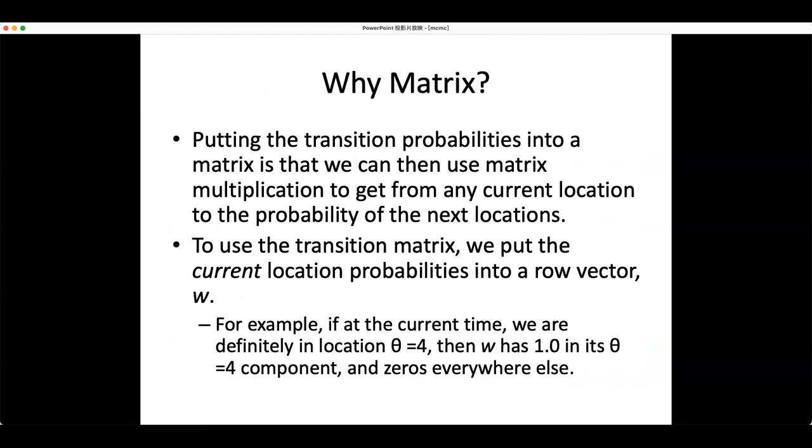So you just formulate it as a row vector. The location probability is a row vector W, and then you use W multiplied by the matrix, and you get the next location probabilities.